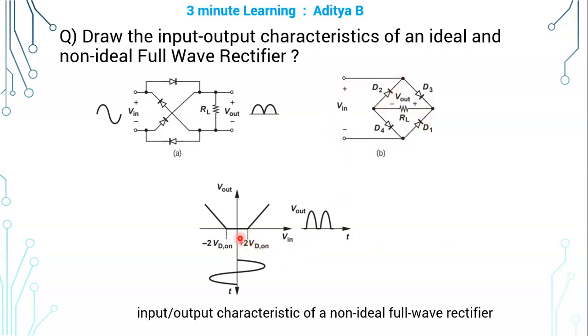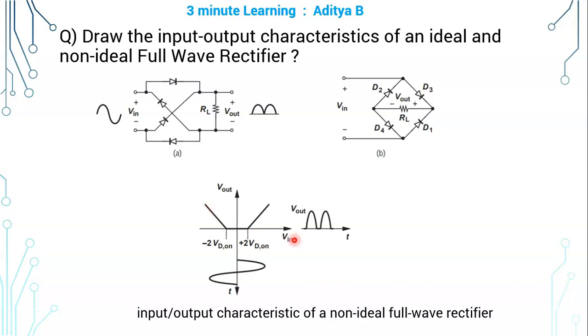So there will be 2 diode drops in the transfer characteristics or input-output characteristics. Only after Vin is greater than 2 VD on will the diodes conduct. Likewise, in the negative half cycle also, the input should be less than -2 VD on, then only the diodes will conduct.